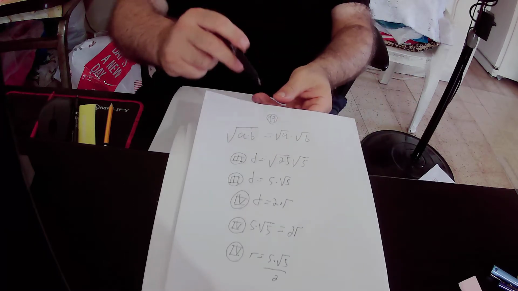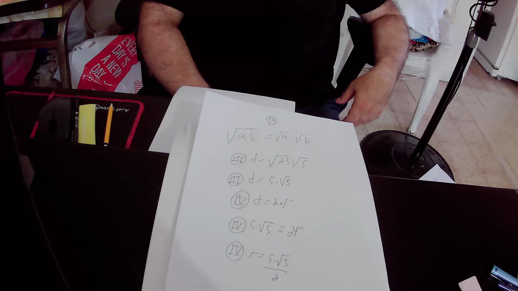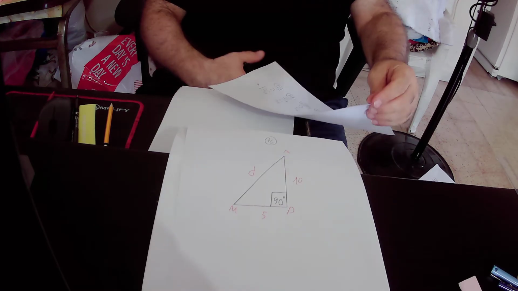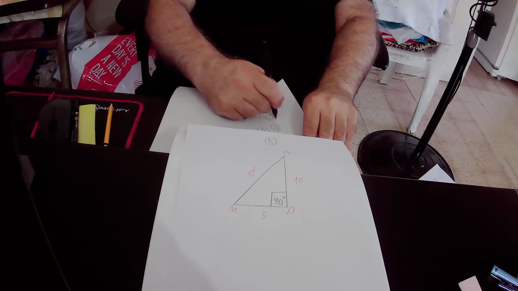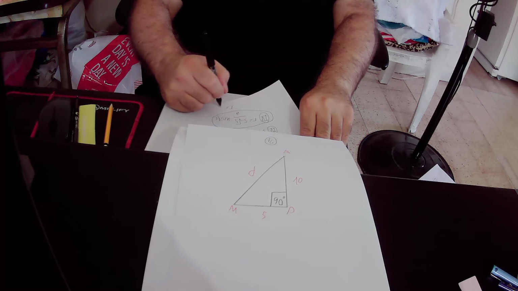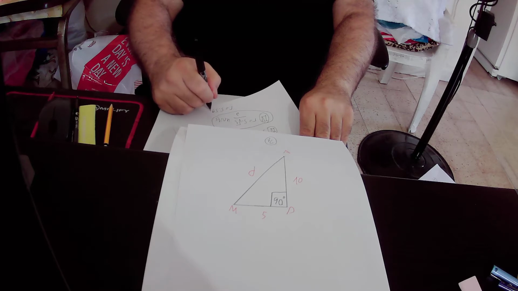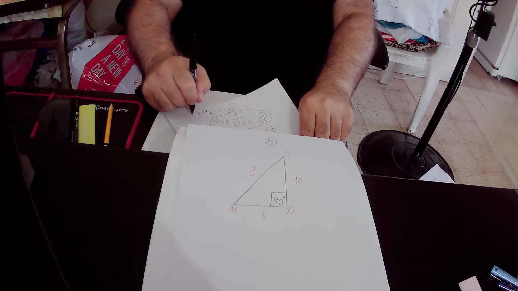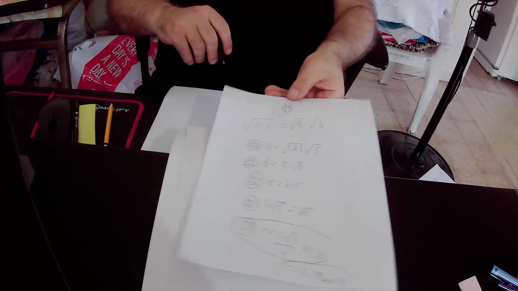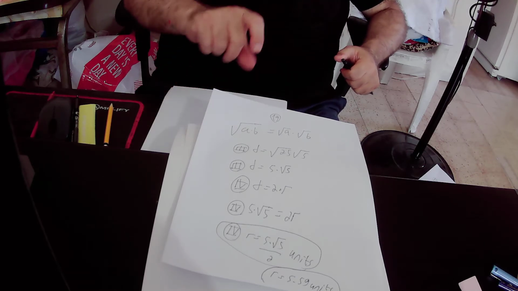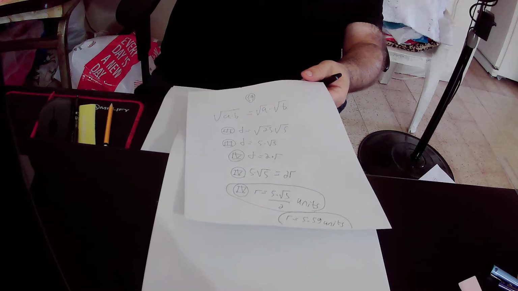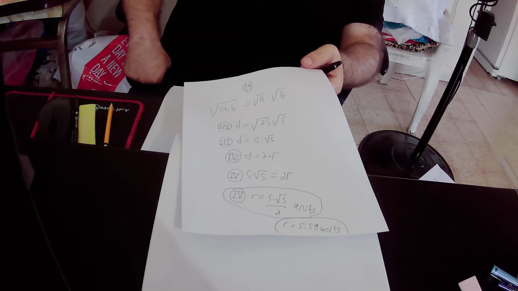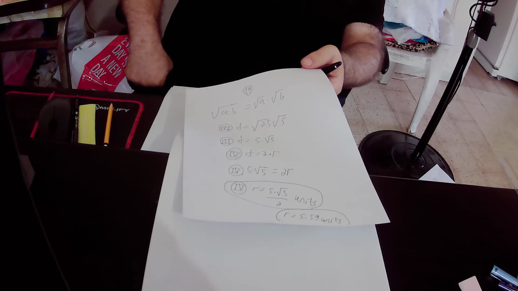We divided equation number 4 by 2 and we got that the radius of the circle equals 5 times root 5 over 2 units, or we can write also that r equals 5.59 units, because 5 times root 5 over 2 equals 5.59.